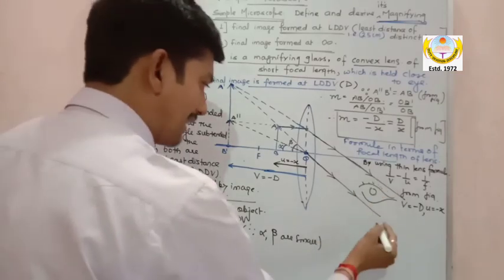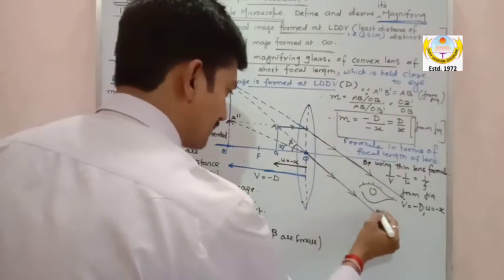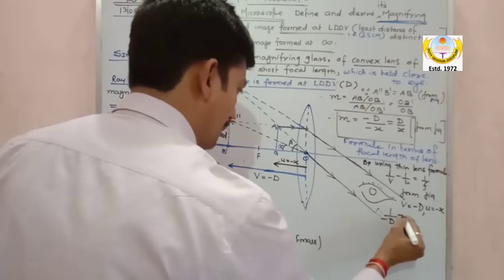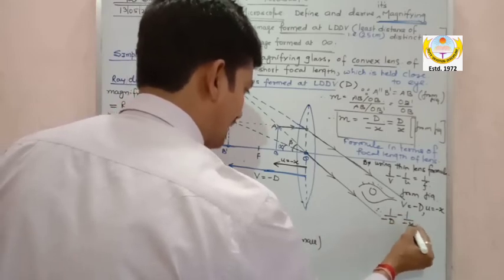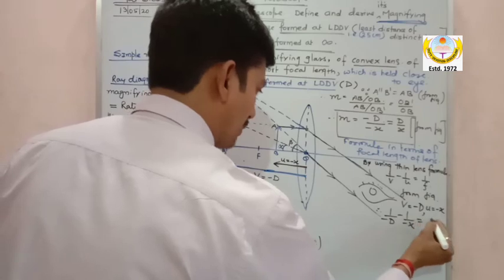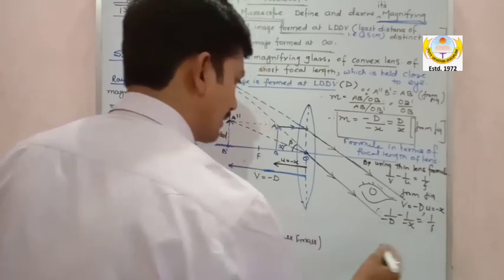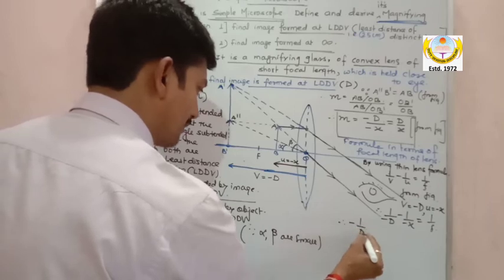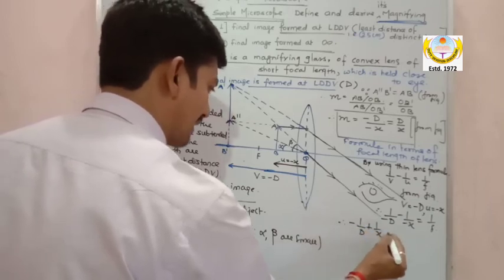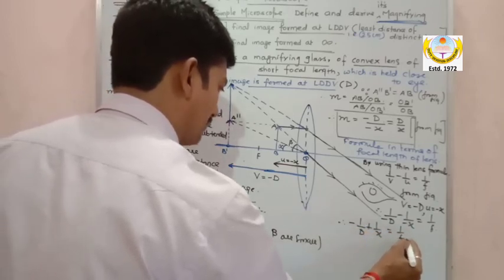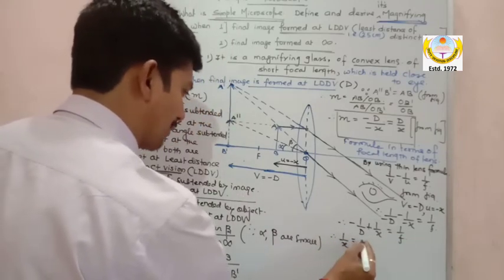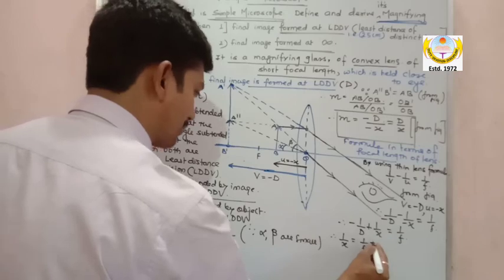So if I apply that, this will be 1 upon minus D minus 1 upon minus x is equal to 1 upon f. So now this will be minus 1 upon D plus 1 upon x is equal to 1 upon f. So now this can be written as 1 upon x is equal to 1 upon f plus 1 upon D.